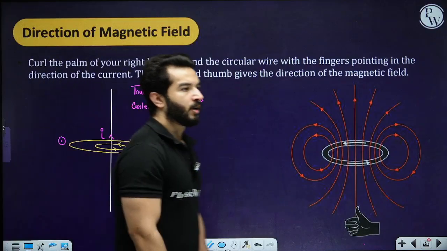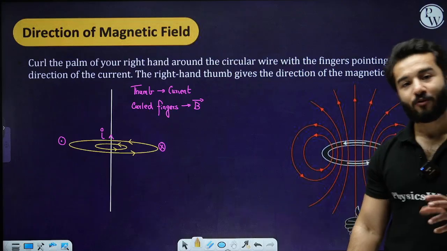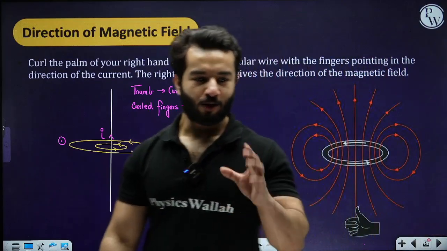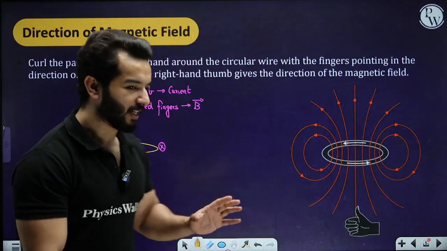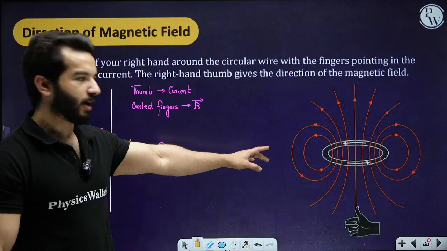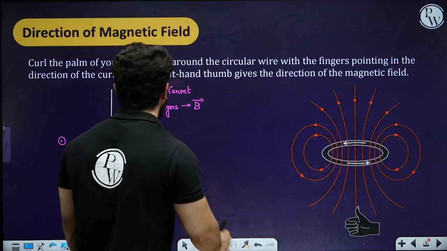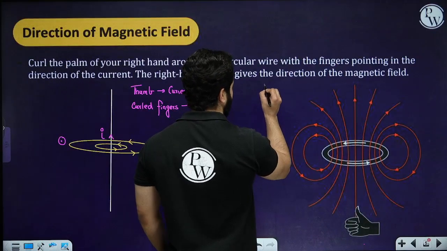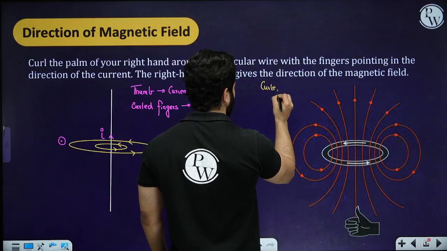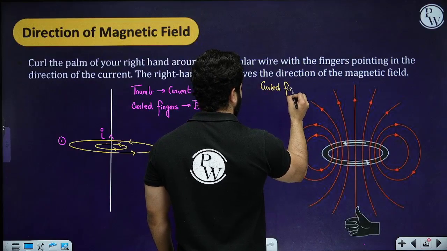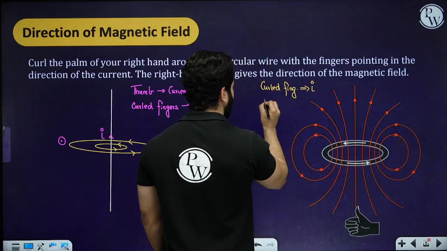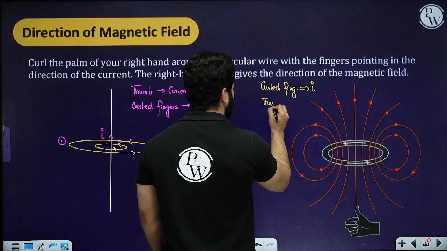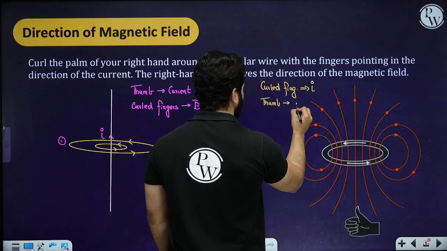Alright, and if you have a wire which is circular, we are going to talk about both of the things: a straight current carrying conductor and a circular wire. If you have a circular wire, your curled fingers will be in the direction of current and the thumb will point in the direction of magnetic field.